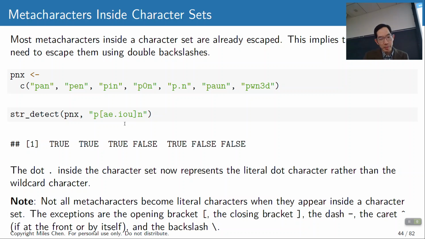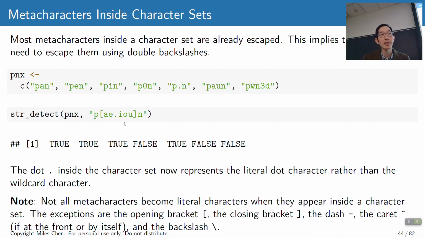Not all meta characters become literal. The ones that do not become literal are the opening and closing square brackets, because those are expected to be related to the square bracket. The dash is used to define ranges.